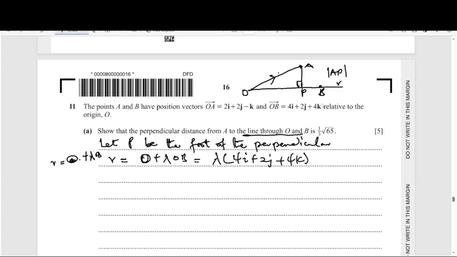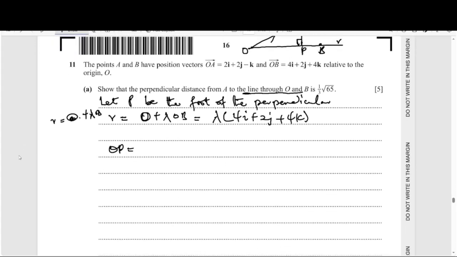And now P lies on this same line, right? So P also has the same value as the equation of the line, just that P needs the value of lambda to determine the actual value of P. So I'm going to write OP and write the same equation for the line for P, since P lies on the line. It's just more like having a Cartesian equation. Y is equal to 2x plus, let's say, 3, right?